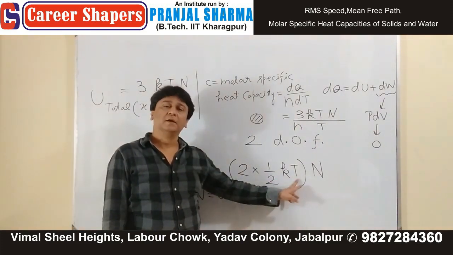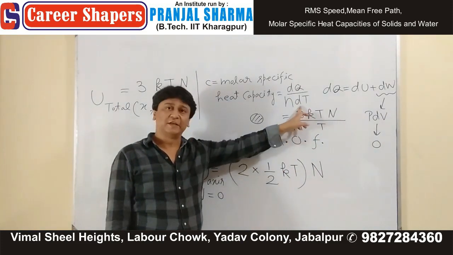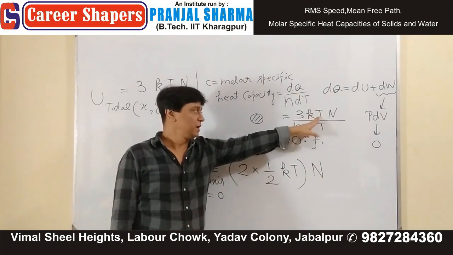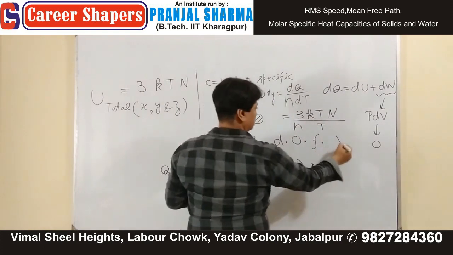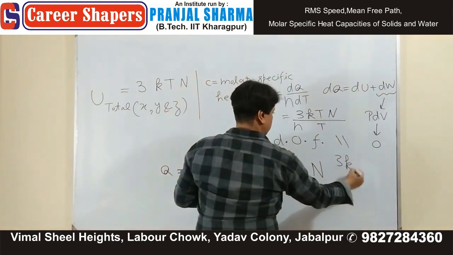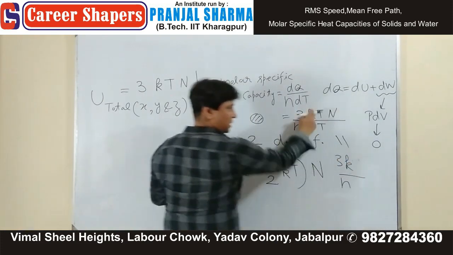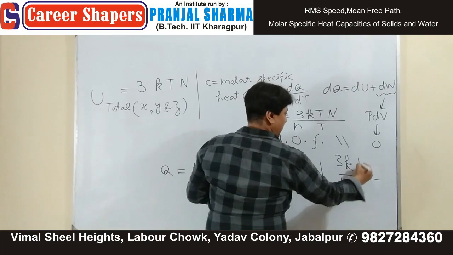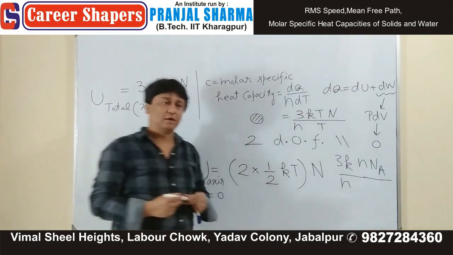Half kT. Temperature is raised from 0 to T. It becomes T. This is also T. This N into T is then, T is gone, T is gone. What is N? N is n multiplied by Na.